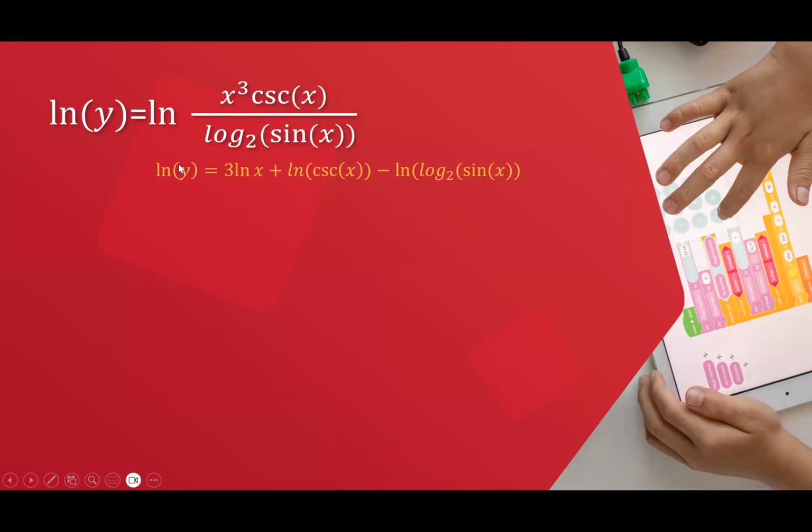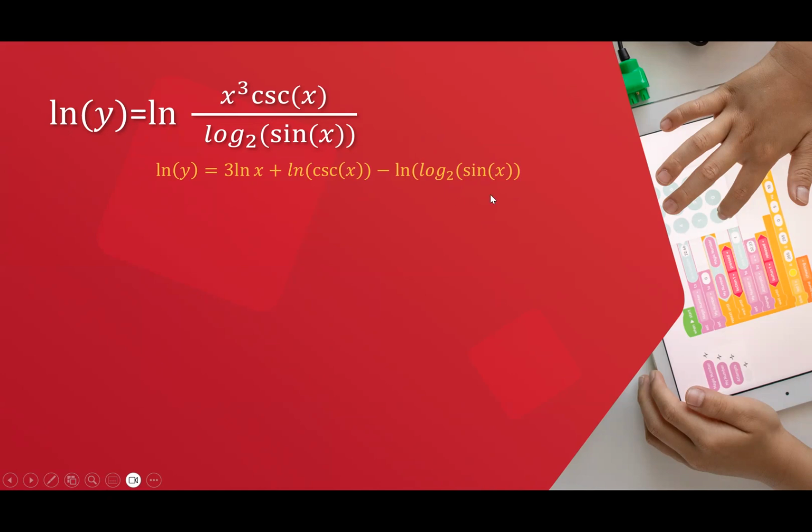All right, derivative of natural log of y is 1 over y dy. Derivative of 3 natural log of x is 3 over x. Derivative of natural log of cosecant x is the derivative of the inside over the inside. So it'll be negative cosecant x cotangent x over cosecant of x. And then minus, how do we do this one? It's the derivative of the inside, which will be the derivative of this little guy over that times the natural log of 2.